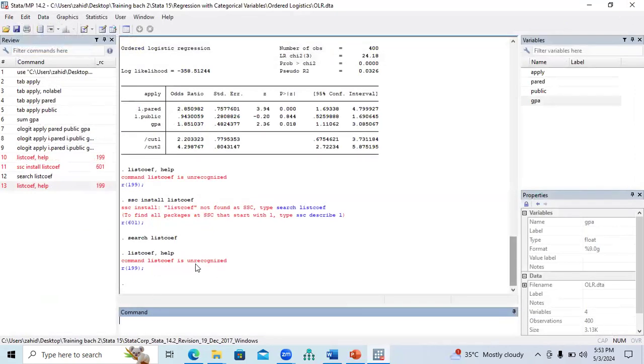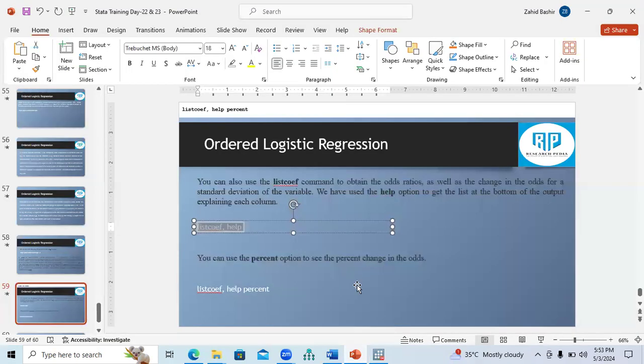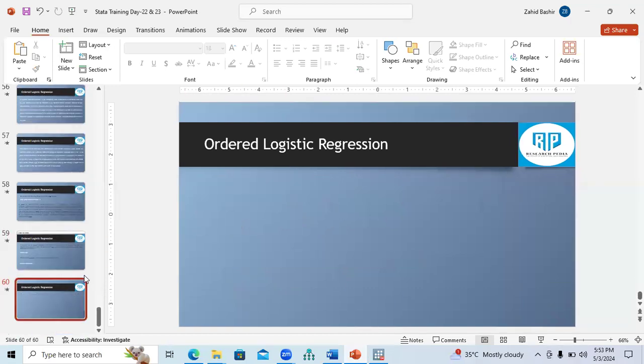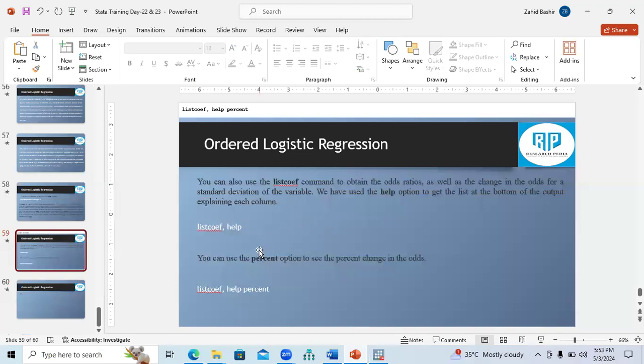The command listcoef is not recognized, so we need to wait for this command to run. It will indicate that you can use both of these commands. This is the end of the discussion. This is just an additional part that you can apply. I will share the slides and you will estimate these two also.